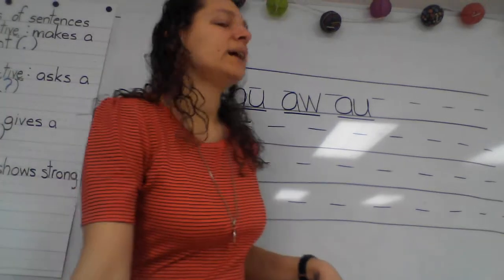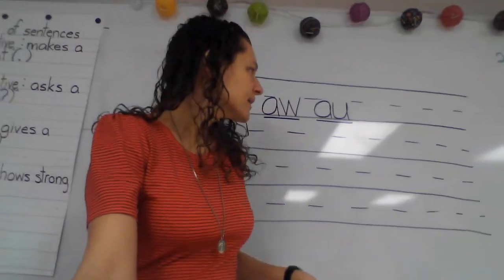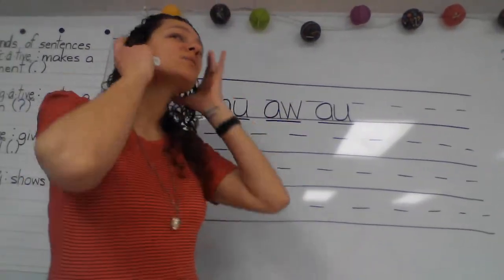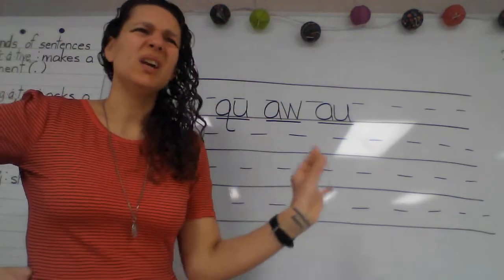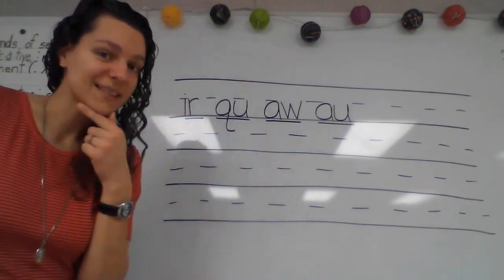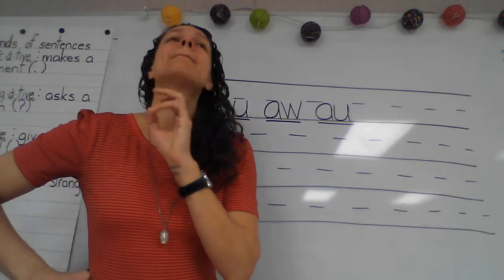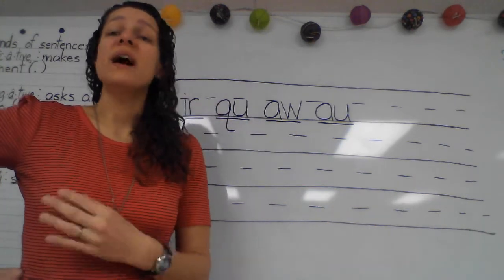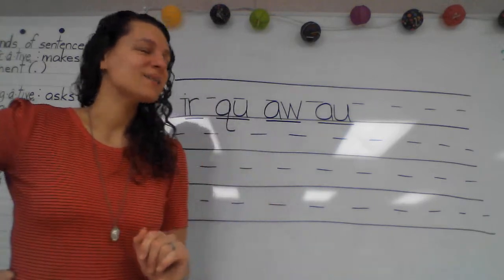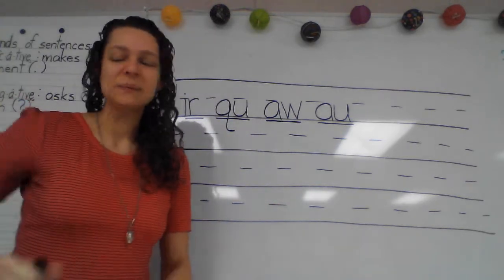Let's do another couple. All right, the next one is 'ow', 'ou' that we do use at the end of English words. What are you going to write? Good. Say it while you write it.